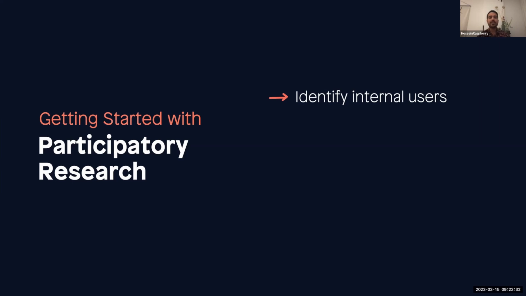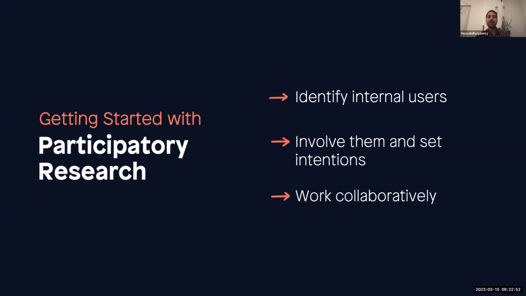In our case, this was not very difficult because we have teams of people who use our applications to create apps that are used in-house. So depending on the project, I was reaching out to one or two internal users, and I was setting intentions on the type of feedback I was seeking. And then I was collaborating with them at all the different phases of research.